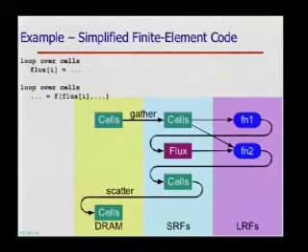So this code, very loosely, loops over all the cells and computes flux. And then it loops over all the cells and computes a function of the flux. What's interesting is when you look at a lot of these codes, if they originally came out of a Fortran code, this one wasn't, this one was written explicitly for Merrimac, they all made many passes over the whole data structure. And the reason they did this is that Fortran programmers understand that you can put loops in functions, but you can't put functions in loops.